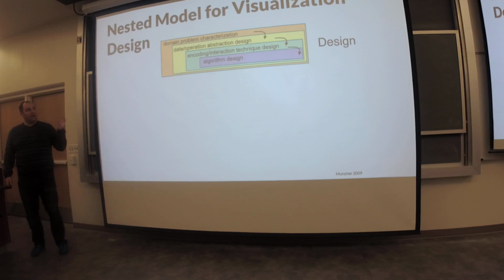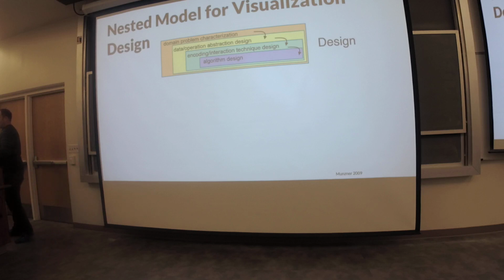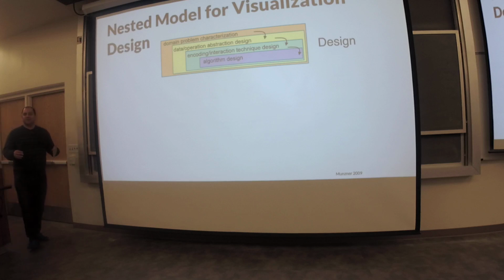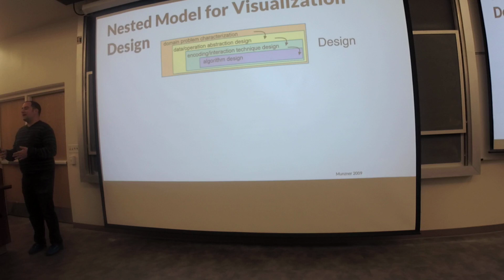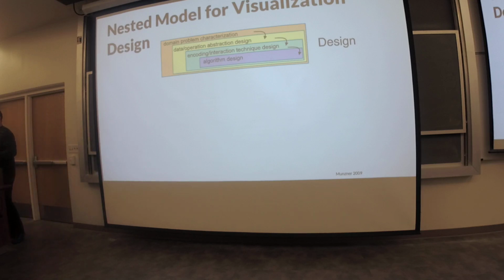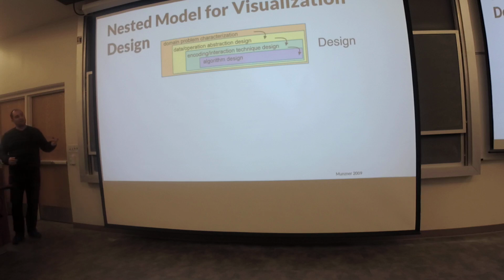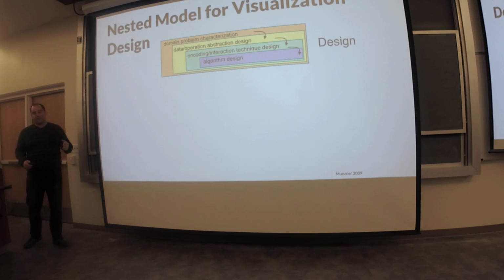On the outer level, we have domain problem characterization. This is again all for applied work, where I try to find a solution to a real world problem. So I sit down with somebody who has an analysis problem in the real world, and I really try to understand what is their domain problem in their own language. Then in the next level, I do this data and operation abstraction design.